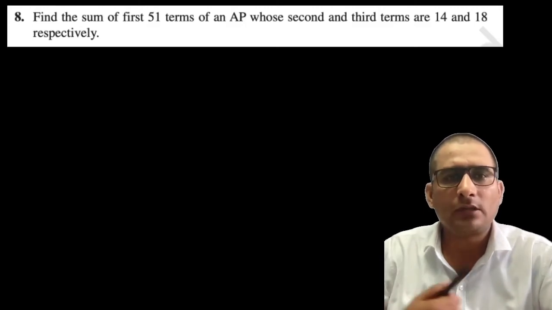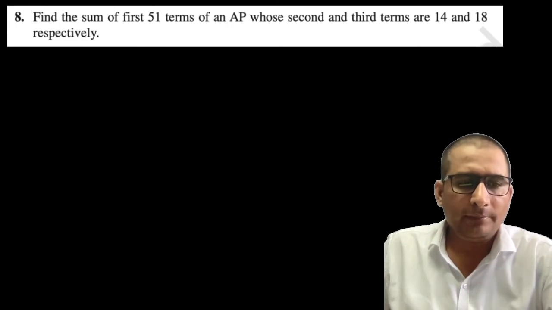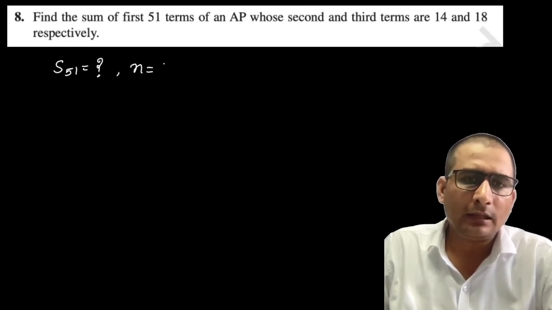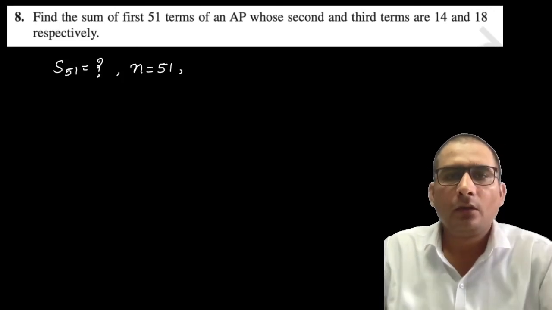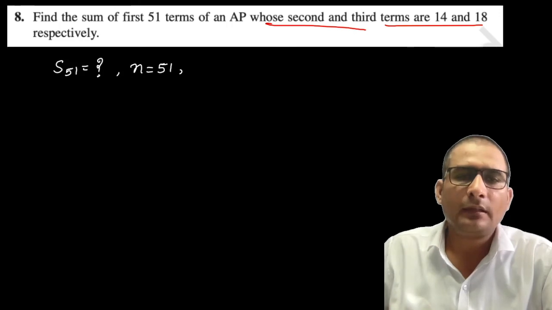Find the sum of first 51 terms of an AP. So हमें find क्या करना है? S51 हमें find करना है. N हो गया यहाँ पे 51, right? So means Sn हमें find करना है. Whose second and third terms are given 14 and 18.